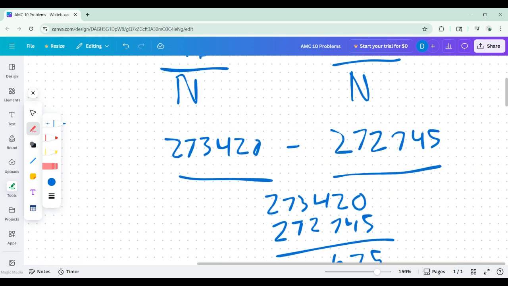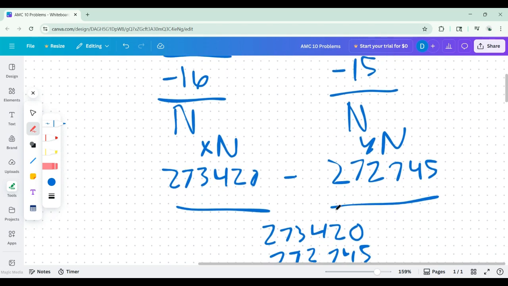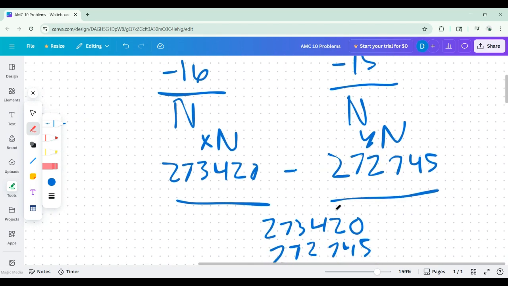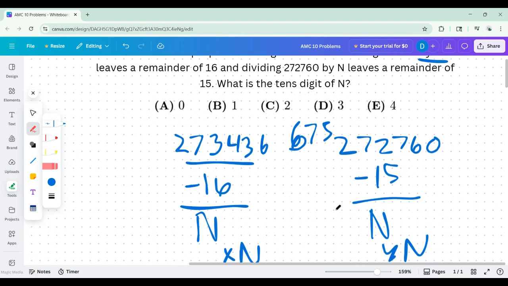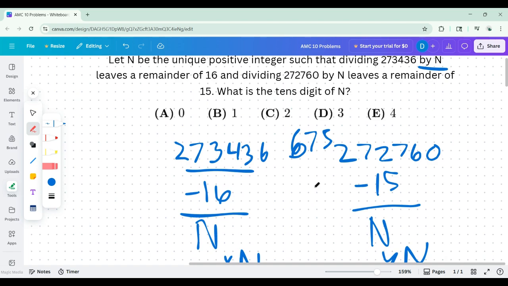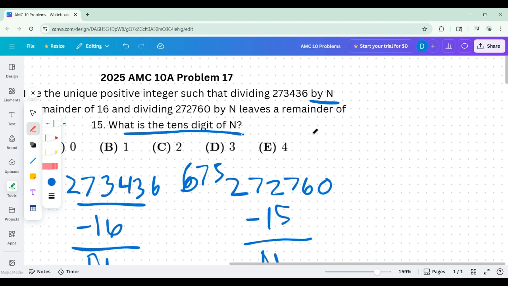Well, if we subtract a multiple of n, let's just say x times n, by another multiple of n, y times n, then we get a multiple of n. So we know that 675 is a multiple of n, and then we have to find the tens digit of n.